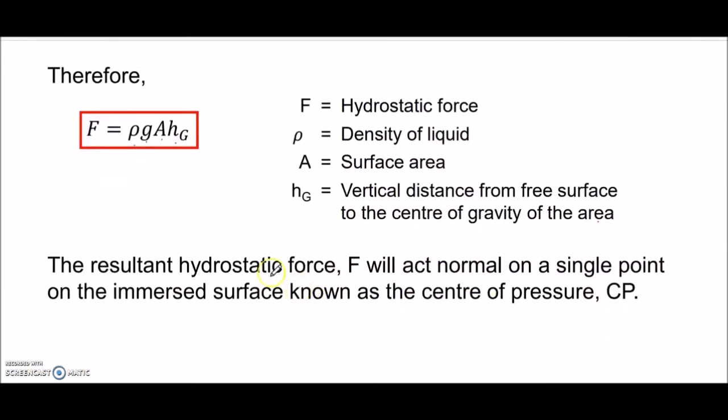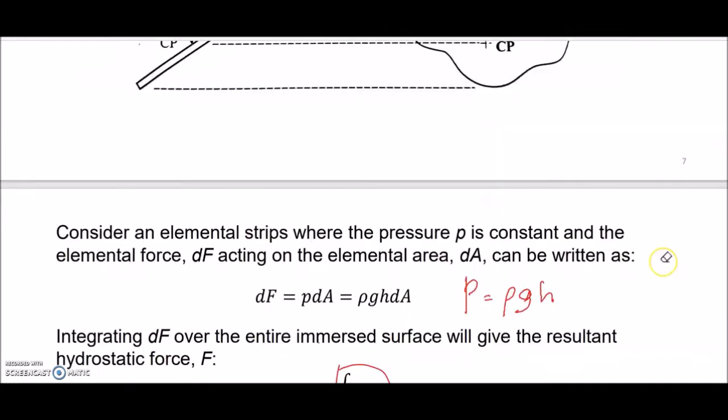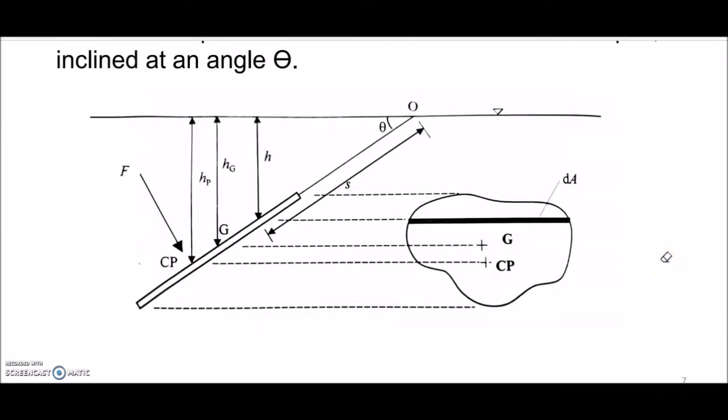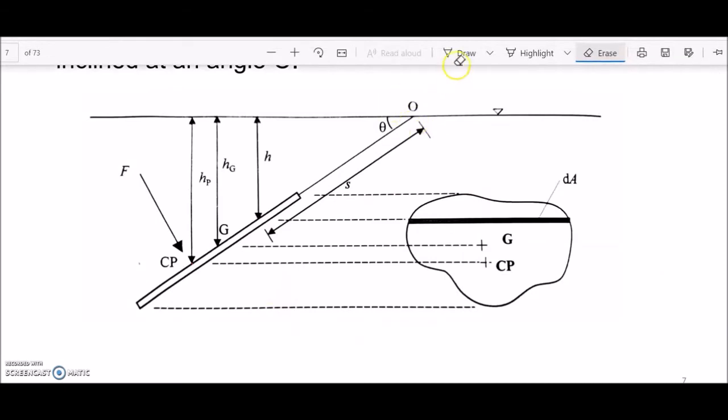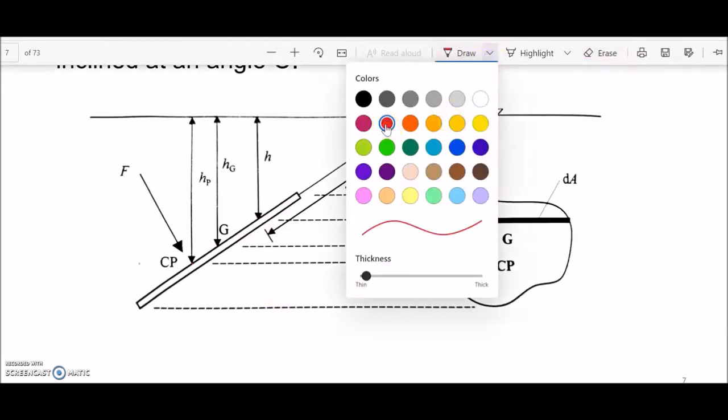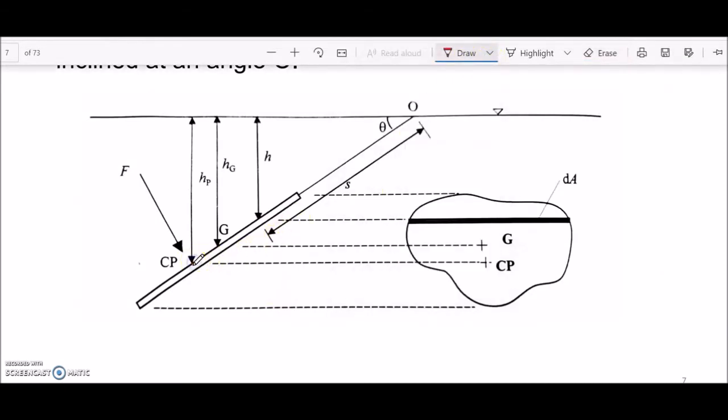So the resultant hydrostatic force F will act normal at a single point on the immersed surface known as the center of pressure, Cp. So what is Cp? Let's look into this diagram. As we can see here, this is the immersed plane surface, and there is the force acting towards this point.